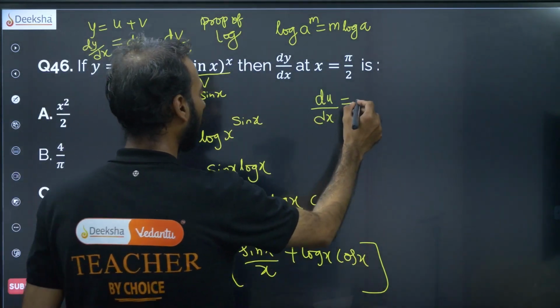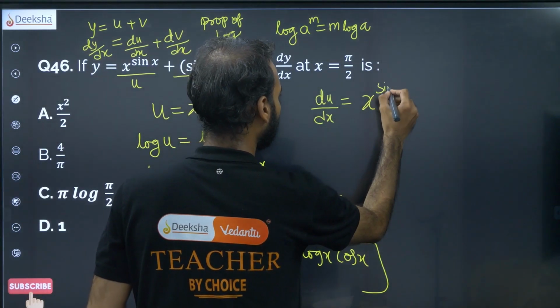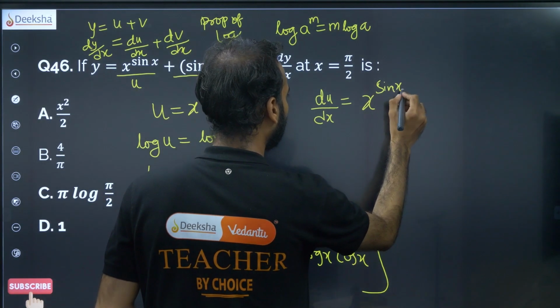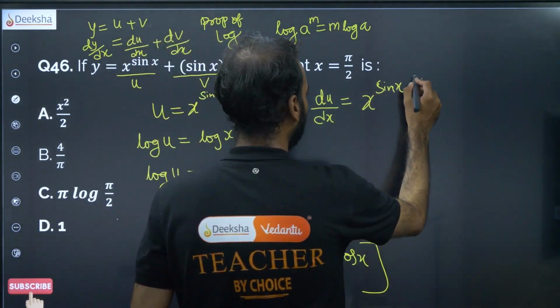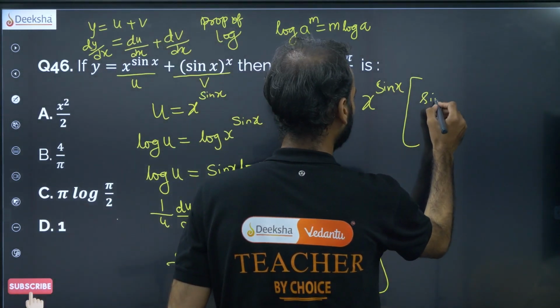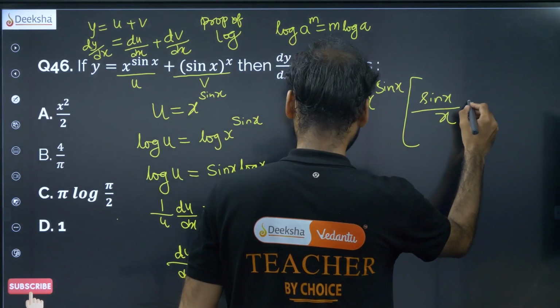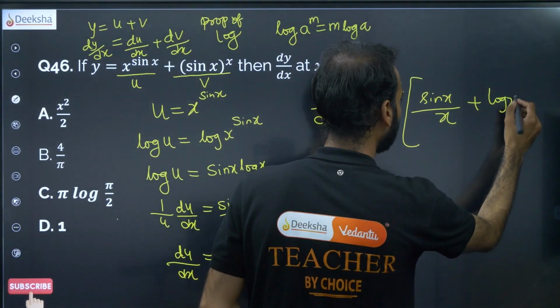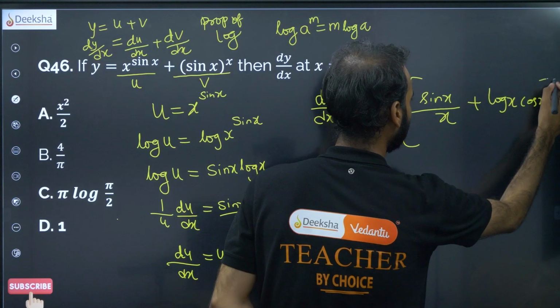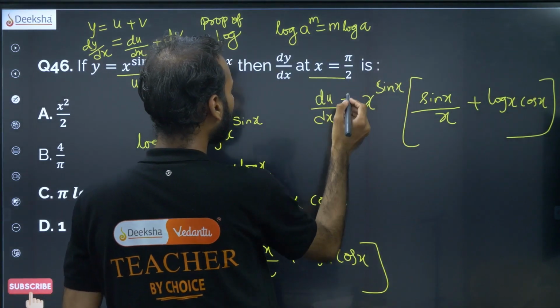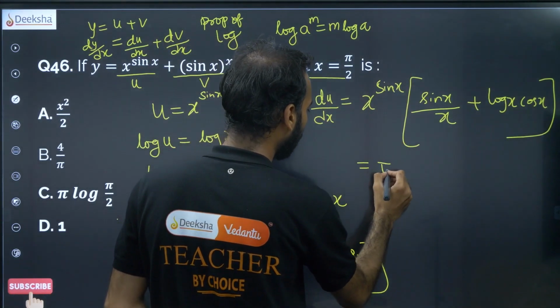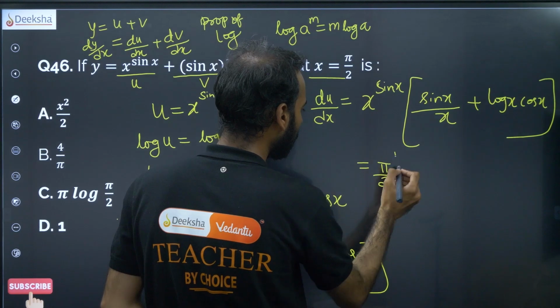In place of u, I am writing x raised to sin x by x plus log x, with x equal to pi by 2. So this is pi by 2. Sin pi by 2 is 1.